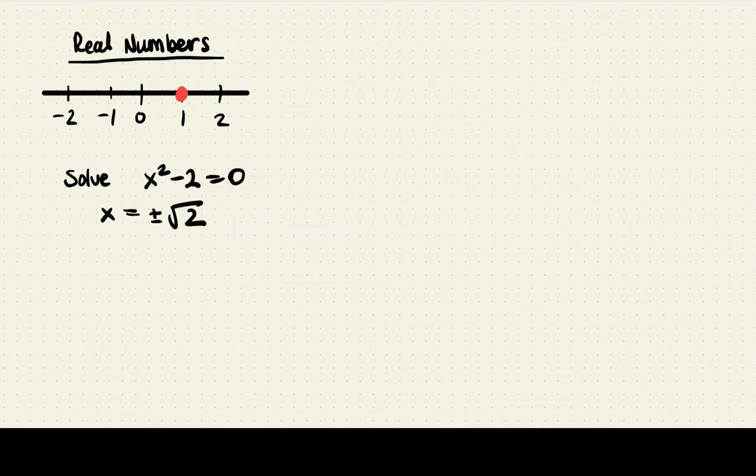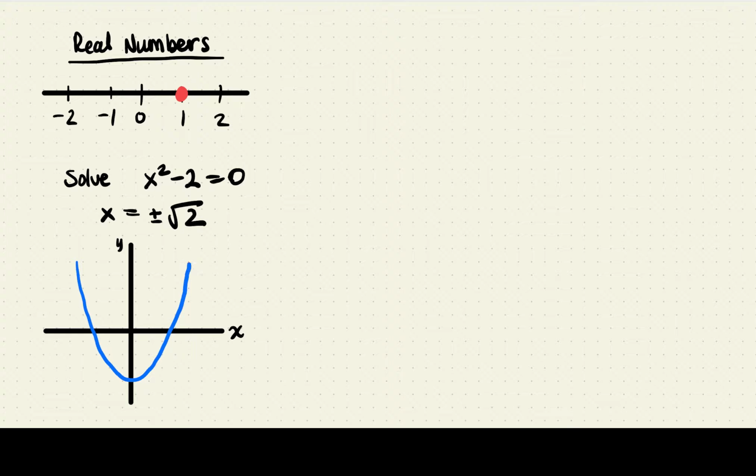Graphically, that would look like a parabola in the xy plane that has two roots. If I drew this parabola, something like this, the roots are where this parabola crosses the x-axis, so -√2 and √2.